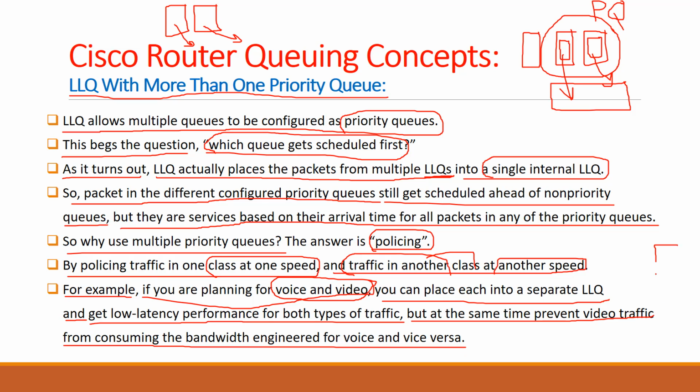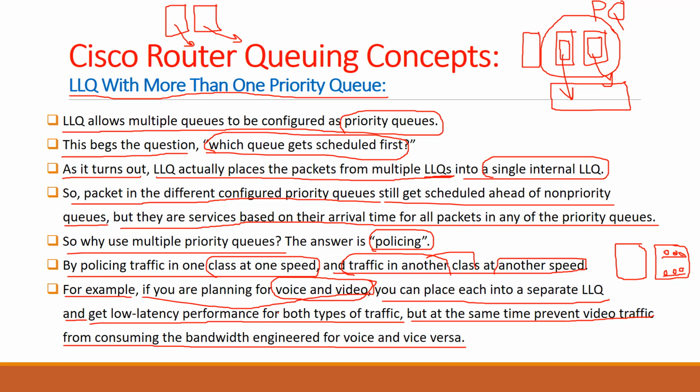Let's say we have 2 queues, some packets here for voice, and some packets here for data. To prevent one class of packets from starving the other packets, we can do policing.